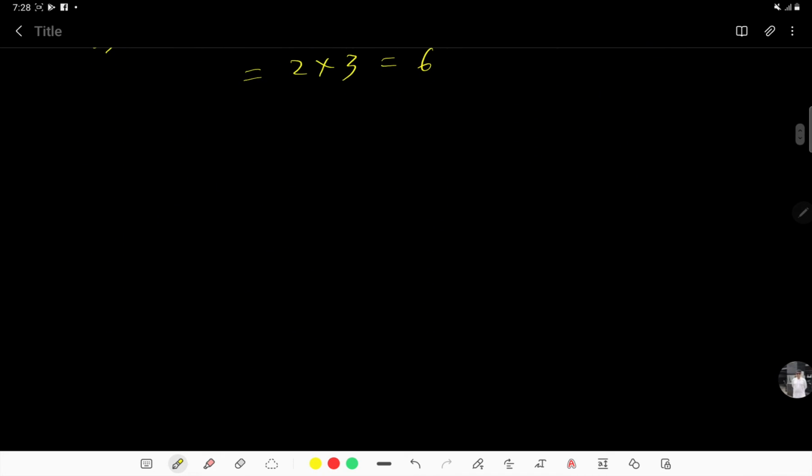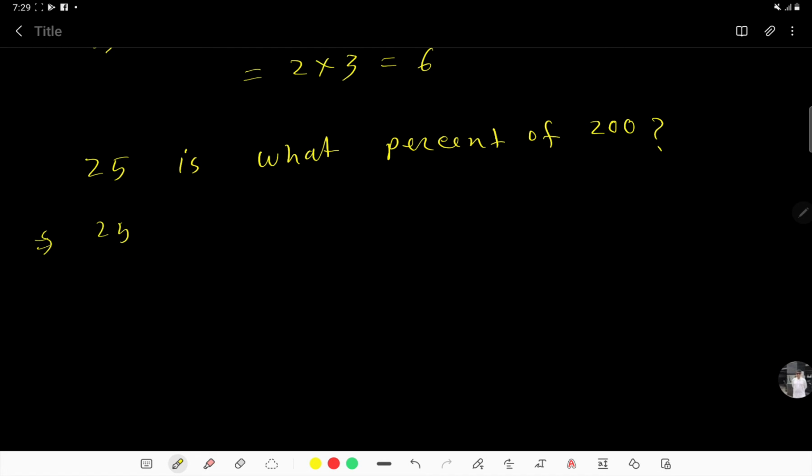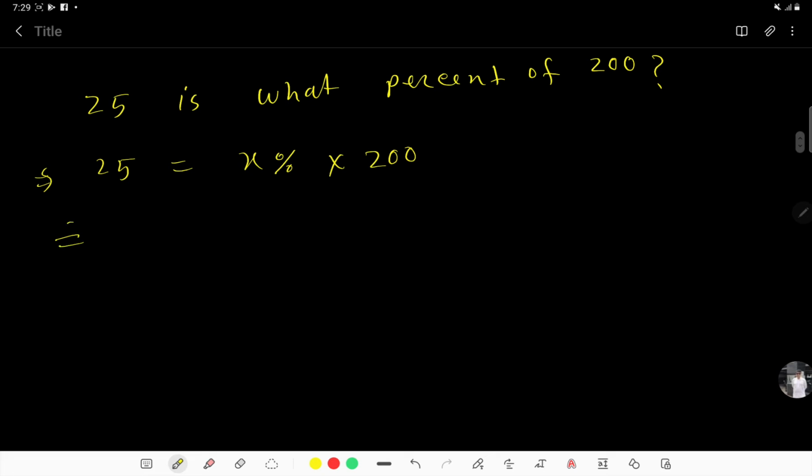Sometimes you will get a problem like this: 25 is what percent of 200? How can you solve this? Just translate: 25 is means equal sign, what means say x, then percent means x percent, then of means multiplication sign, then we have 200. So now let us find the value of x.